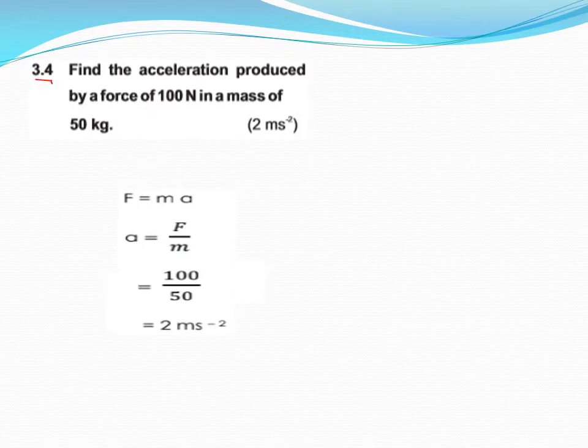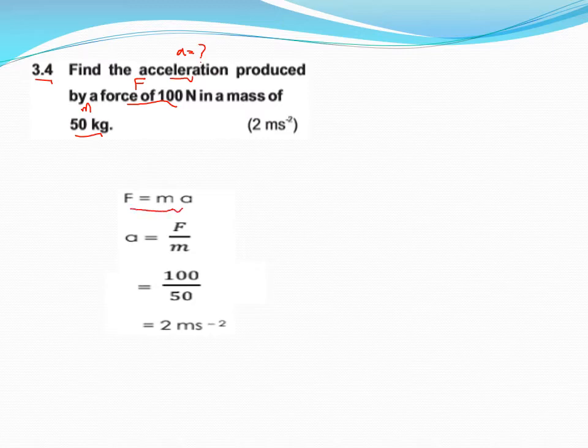3.4. Find the acceleration produced by the force of 100 Newton in a mass of 50 kilogram. We have to find the acceleration. Force is given. So again, these three quantities are given, and which equation is dealing with these three parameters?